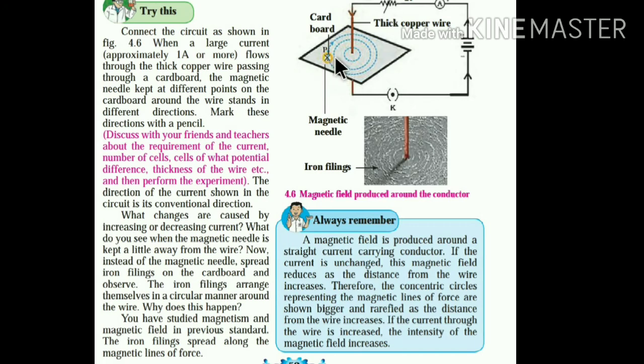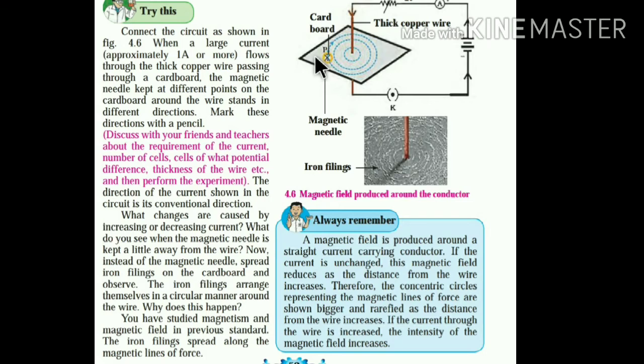So when you keep the magnetic needle at a distance close to the current carrying conductor, it shows much more deflection. But when you increase the distance from the current carrying conductor, it shows less deflection.